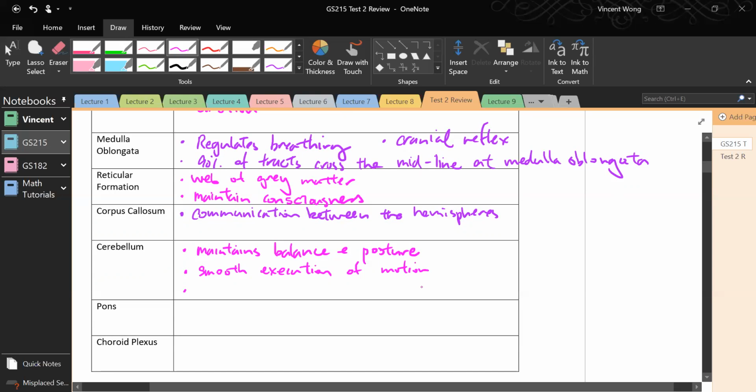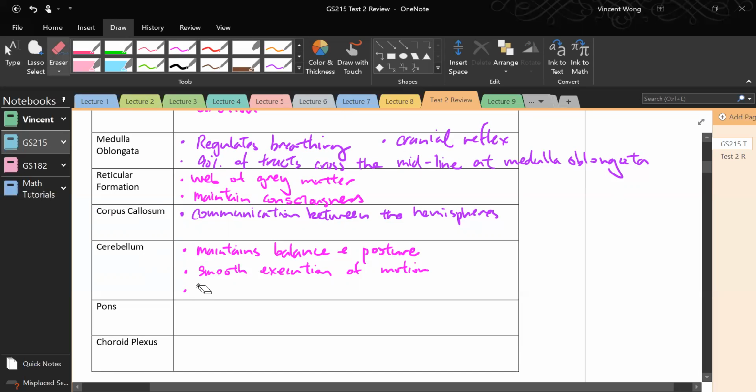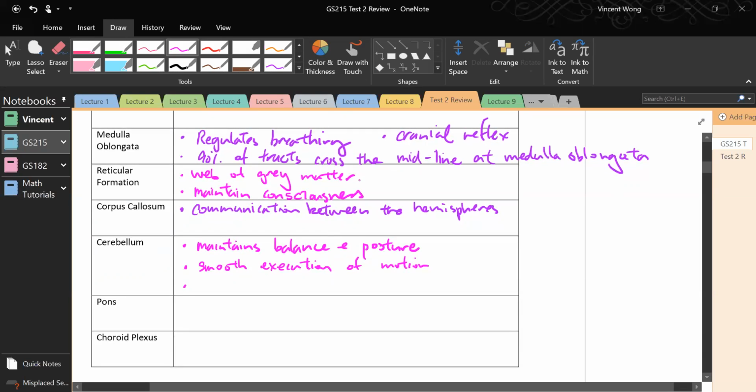And what is the last function of the cerebellum? Anybody remember? The last function of the cerebellum that is not here. Well, not long-term memory, but it stores skills memory.